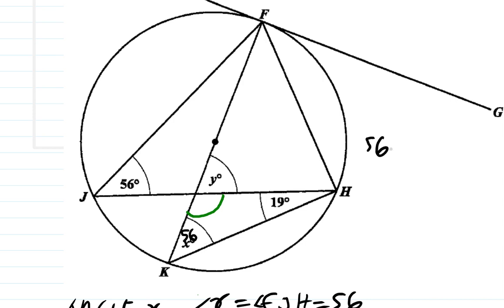So 56 plus the 19 degrees plus, call it angle alpha, equals 180, right?